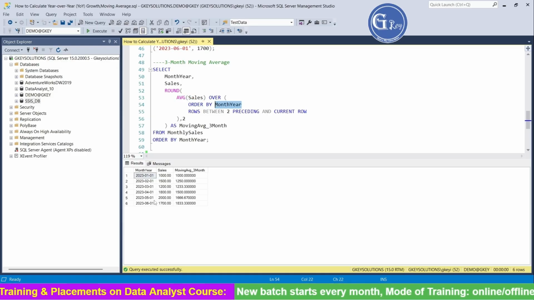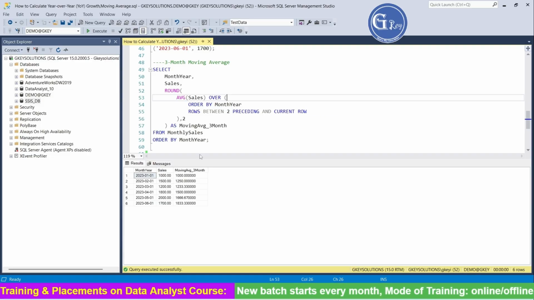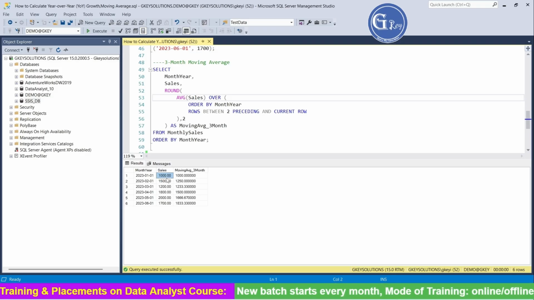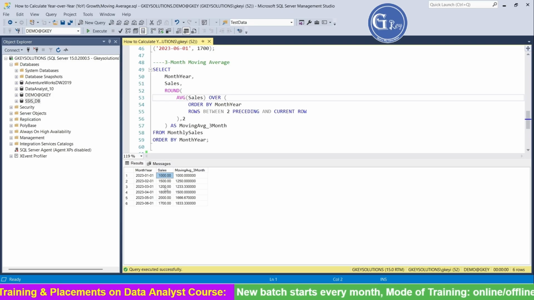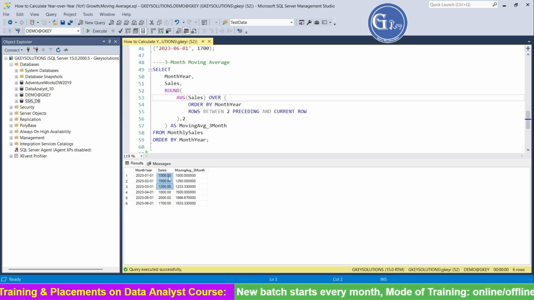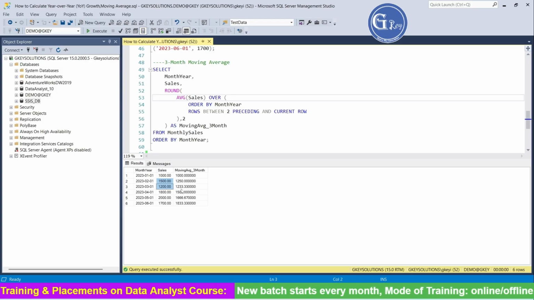We are ordering on month year with rows between 2 preceding, that means the 2 previous values. For the first one there is no preceding value. For the second one, 2 preceding means only one value is there, and for the third there are 2 preceding values. Like this it is going to calculate the value.